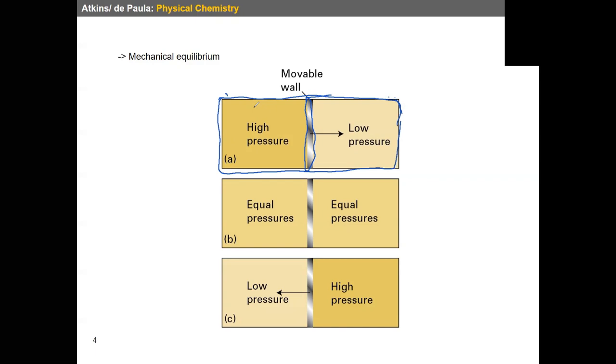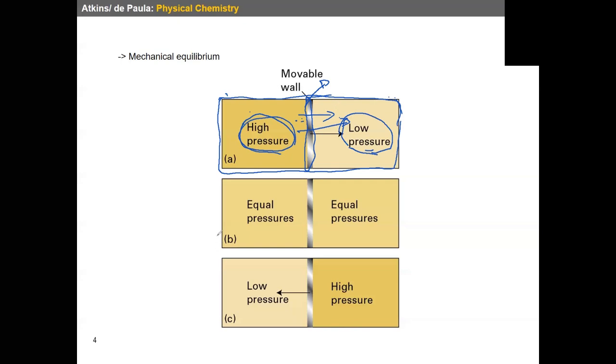This left part has a high pressure, and this right-hand side has a low pressure. So how will this wall move? Yes, definitely from the high pressure to the low pressure. This wall will move like this until both areas have the same pressure.